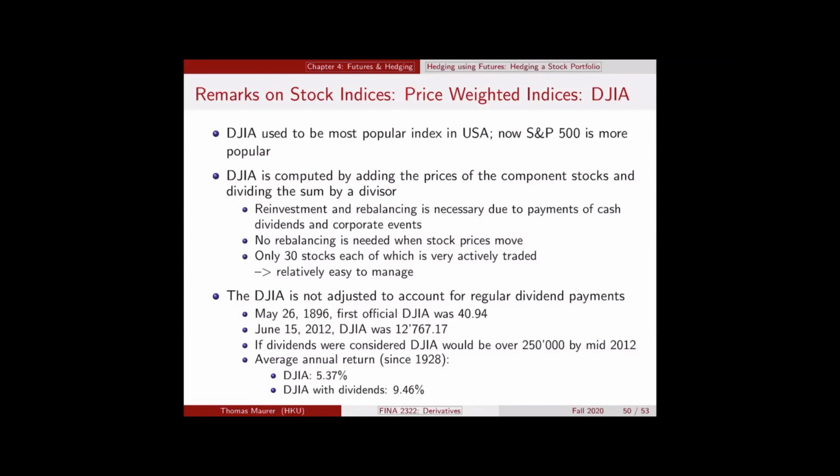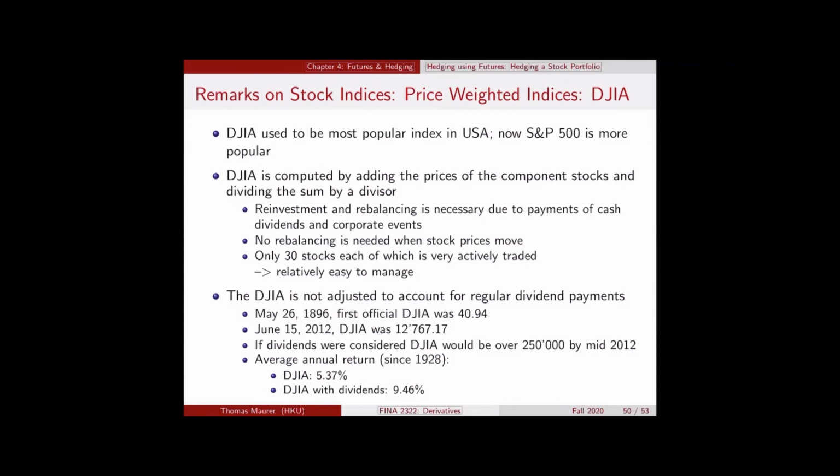That would be about 20 times as much. Therefore, it is important to remember that for the Dow Jones and many other indices, such as the S&P 500, when you look at the index itself, you miss the actual dividend payments.